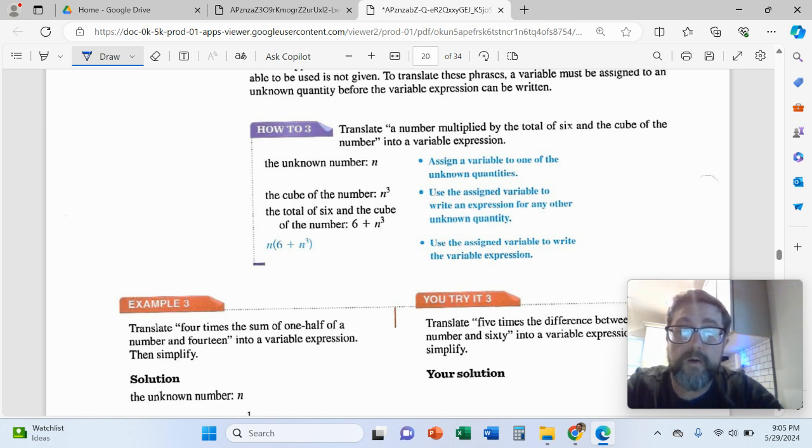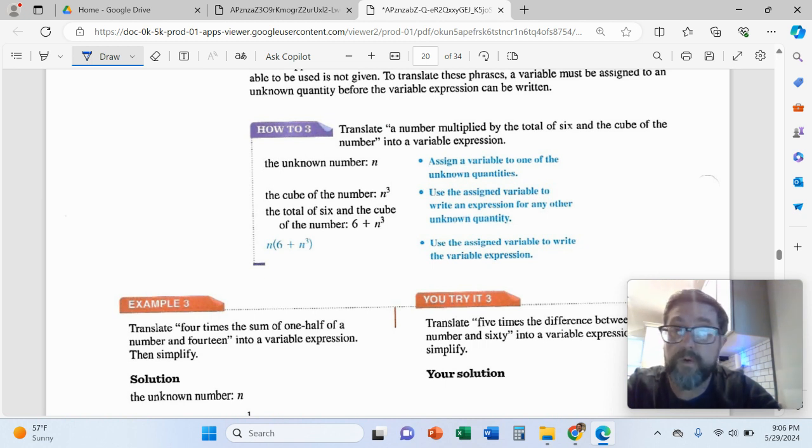The cube of the number, so we have n cubed. We know we're going to have n cubed in it. So the total of 6 and the cube of the number, you know you're going to have 6 plus n cubed.